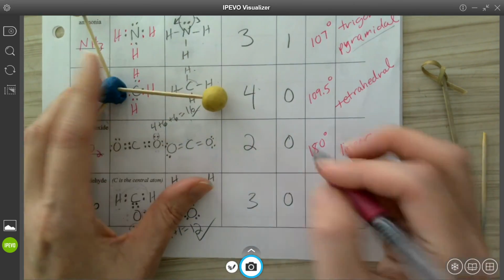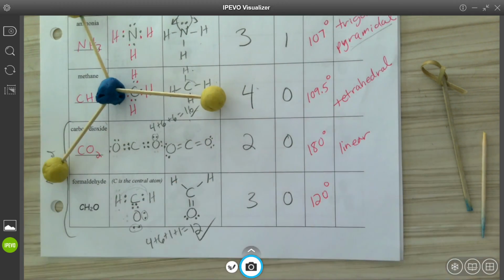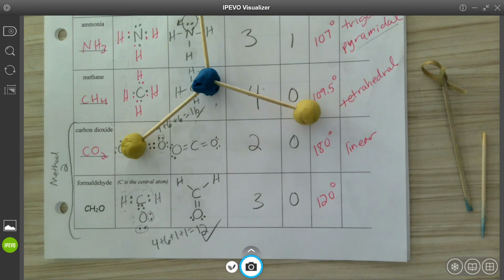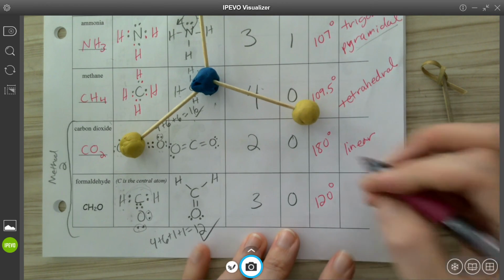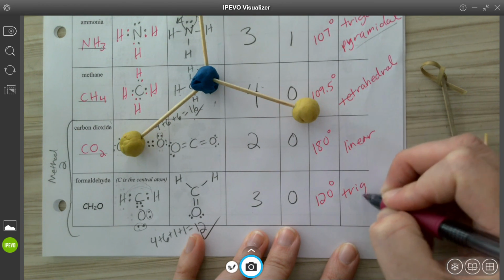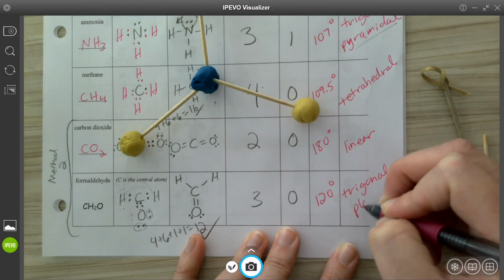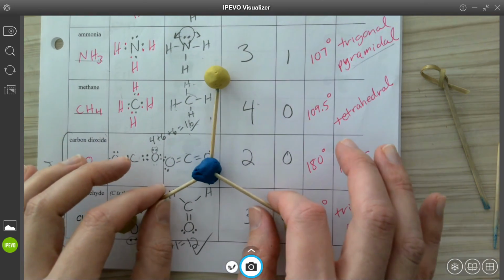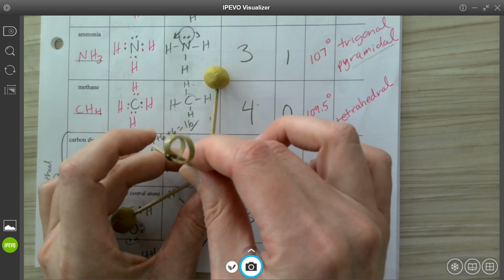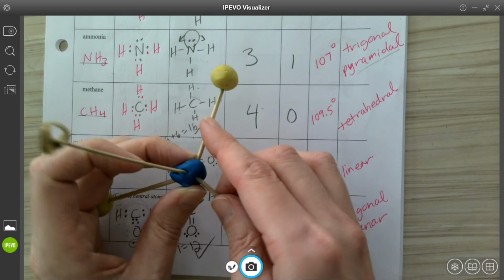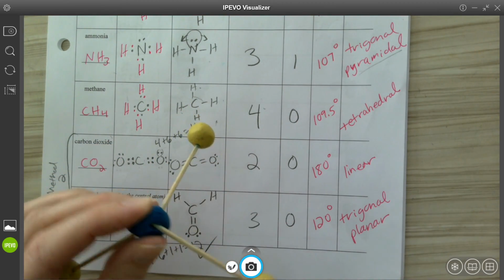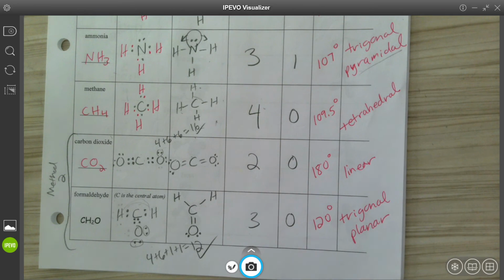So when you have 3 things around the central atom, they'll be 120 degrees apart. And this is not called trigonal pyramidal, it's called trigonal planar because it's in a flat plane. Trigonal planar is flat. Trigonal pyramidal is if you stick a lone pair up here and it pushes these down into a pyramid shape. All right, so that is it for D9.